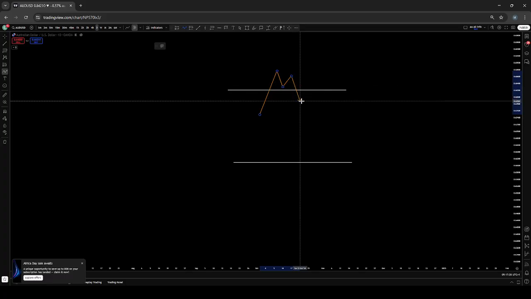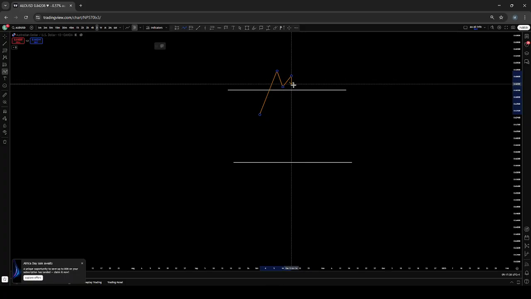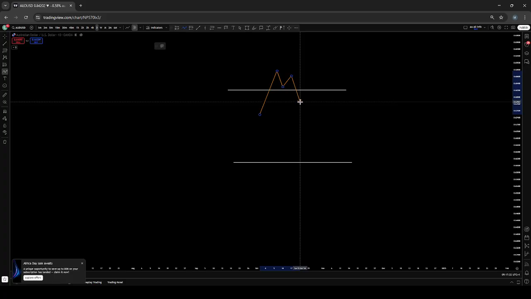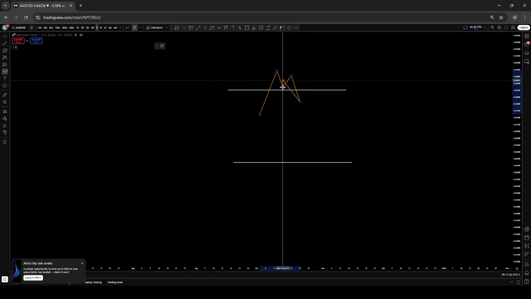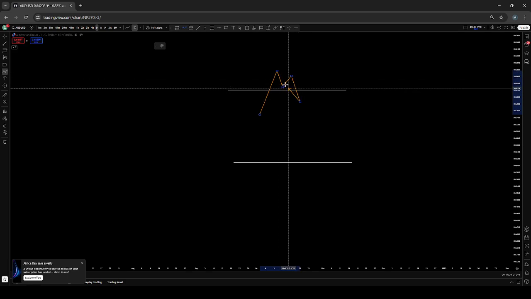And as it's getting transferred, it's not hinting at a total reversal. What it is hinting at is just a pullback, but most people will now see this as a reversal.